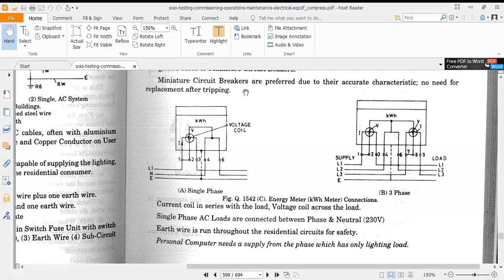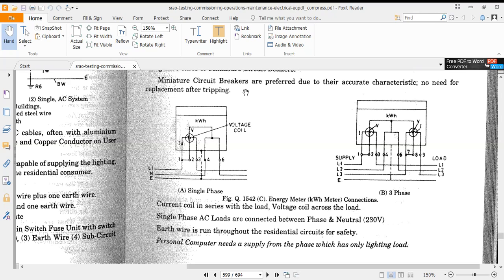Then we need to replace it after removing the fault. Whereas with an MCB, that doesn't happen. It directly trips and the circuit is disconnected. And once the repairing is done and the fault is removed, we can just switch the circuit on by pushing the button up.